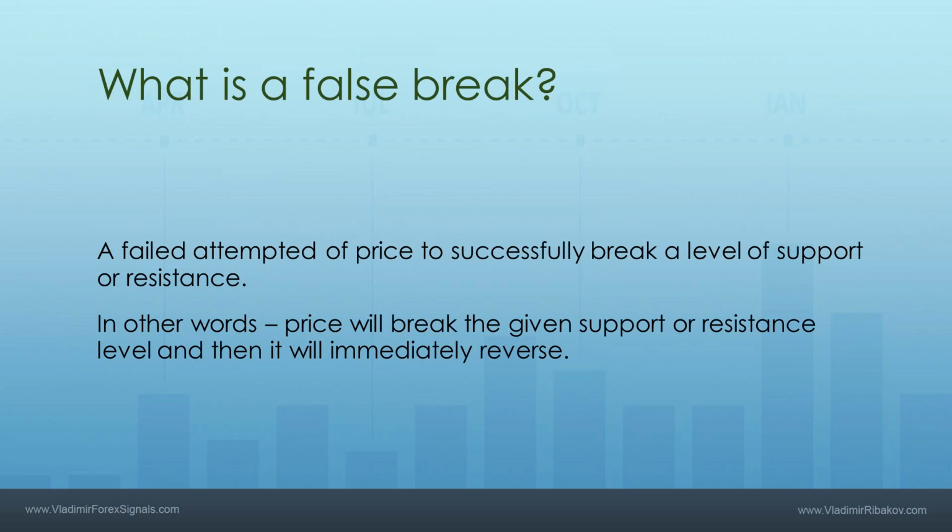The most important thing to understand, the close has to be on the time frame that the false break appears. So if there is a false break on a 4-hour chart, don't go to the 1-hour chart to look for the close of the candle there. It has to be on the same time frame.